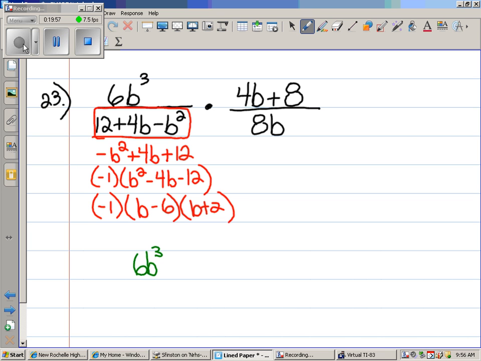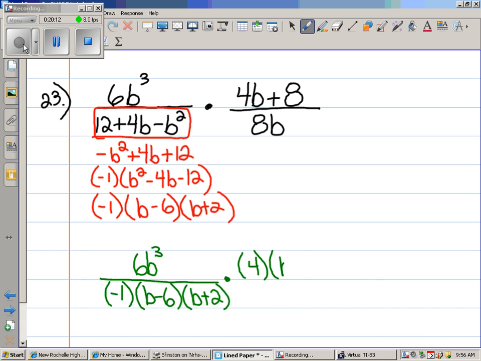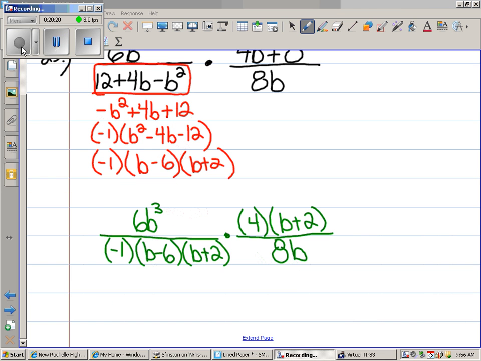So we got 6b cubed divided by negative 1, b minus 6, b plus 2, times 4, b plus 2 over 8b. We're going to cancel stuff off.